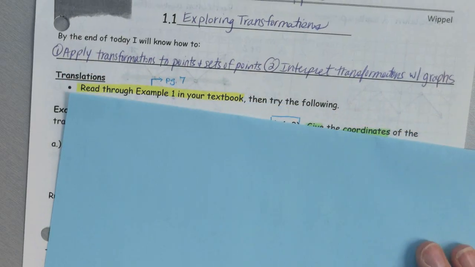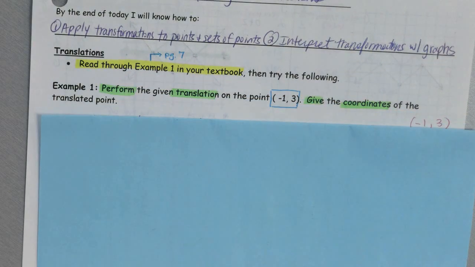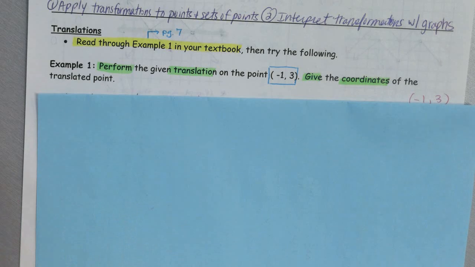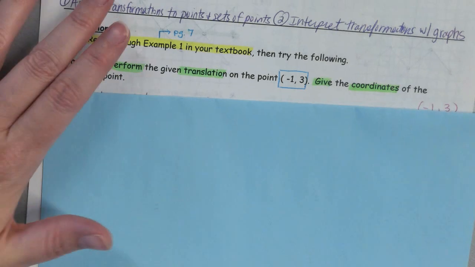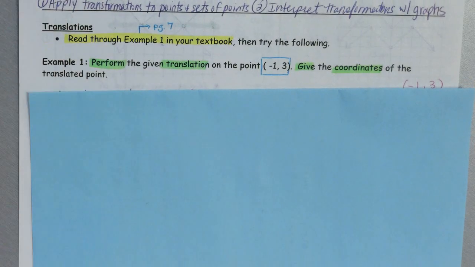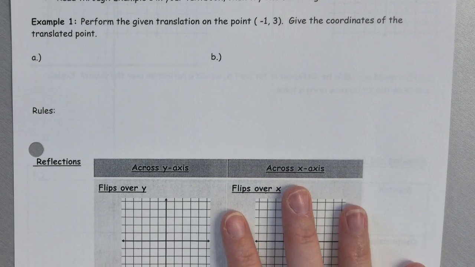Example 1 says to perform the given translation on the point and give the coordinates of the translated point. One of the strategies I use as I am reading directions is to highlight what I'm expected to do, and then box in the point that I have.